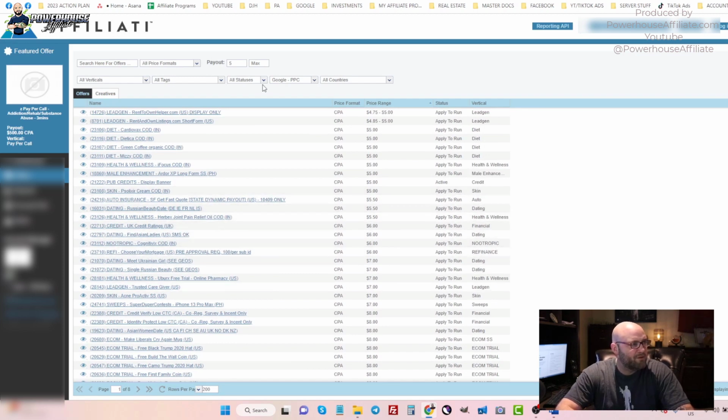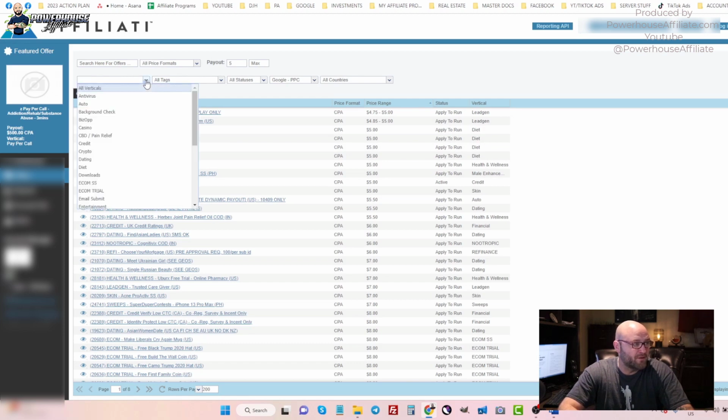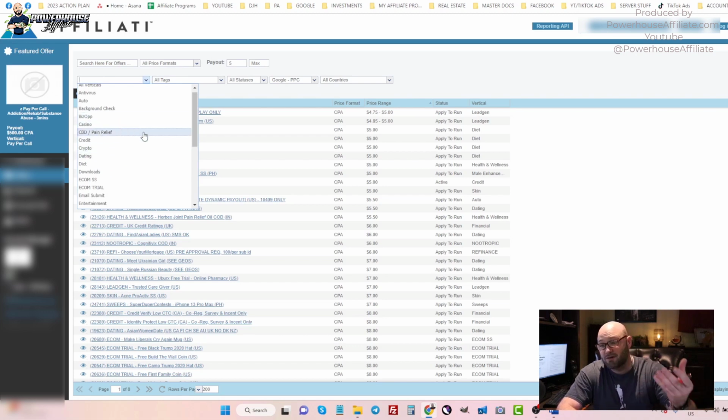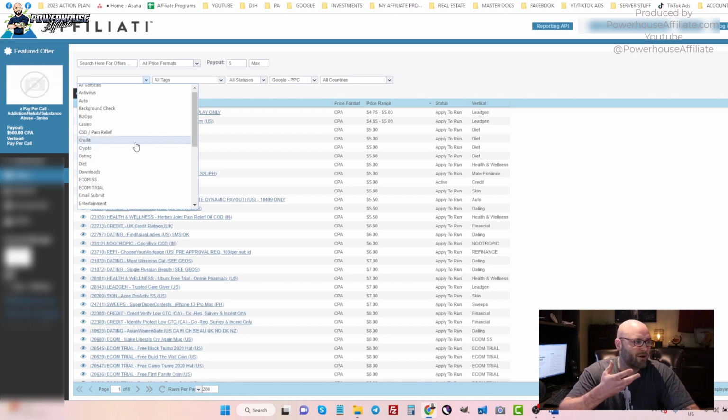But now the other thing we need to consider is the vertical. When we're running search ads, there's certain verticals that we have to avoid. And I can't filter out verticals here. I could just choose specific verticals, which is fine. If we choose a specific one, then we could just do that. Or if you want to kind of browse around and shop, then you have to know that you cannot choose casino. You cannot choose crypto. I would stay away from credit and dating. All of these are really high risk, especially if you're just starting out on Google Ads.